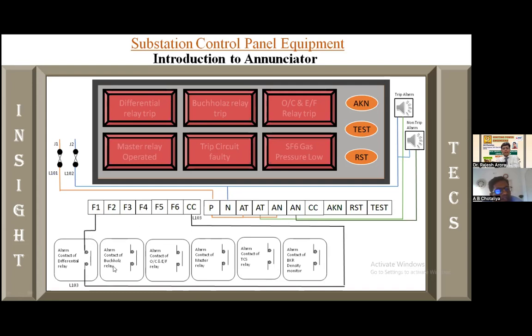So whenever the differential relay operates, this contact will close and the F1 LED, the F1 window, that is the differential relay, will indicate that this relay has operated.